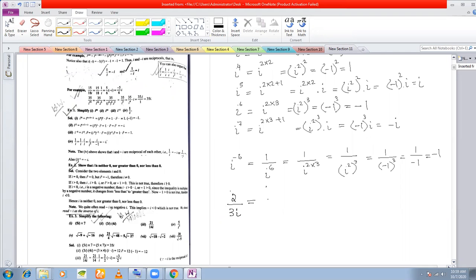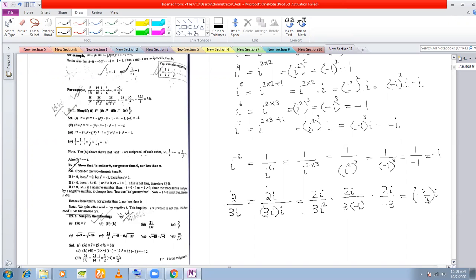I multiply the numerator and denominator by I. So this becomes 2i by 3i square. And you know that I square is minus 1. So this becomes 2i by minus 3, which can also be written as minus 2/3 I.